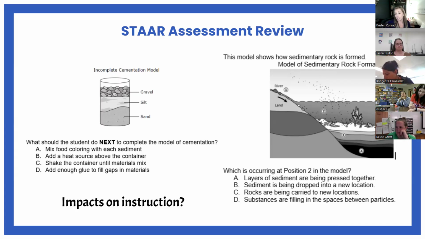Also, now take a look at the question on the right, the model of sedimentary rock formation. This one has positions of the process labeled, or numbered, I'm sorry, and is asking you to identify what's happening in position 2.